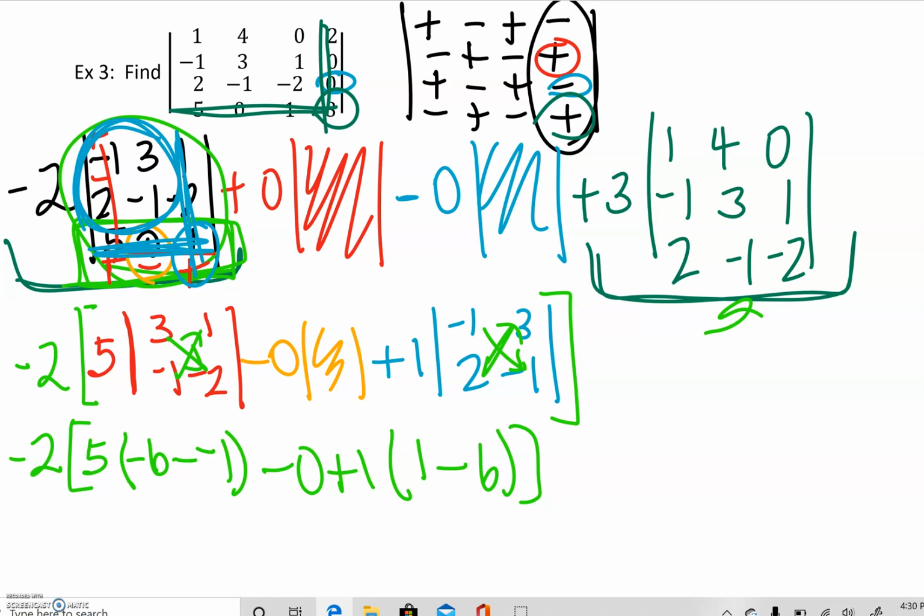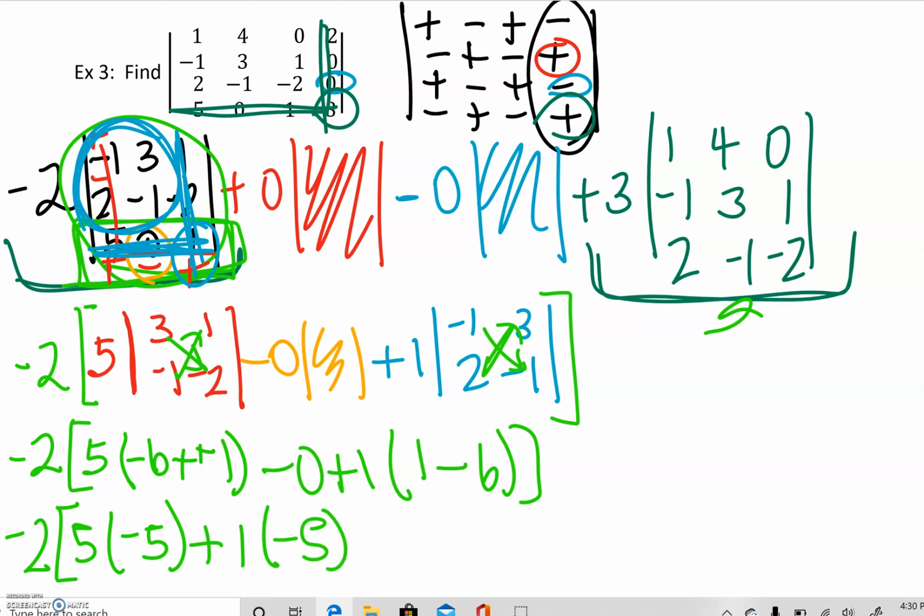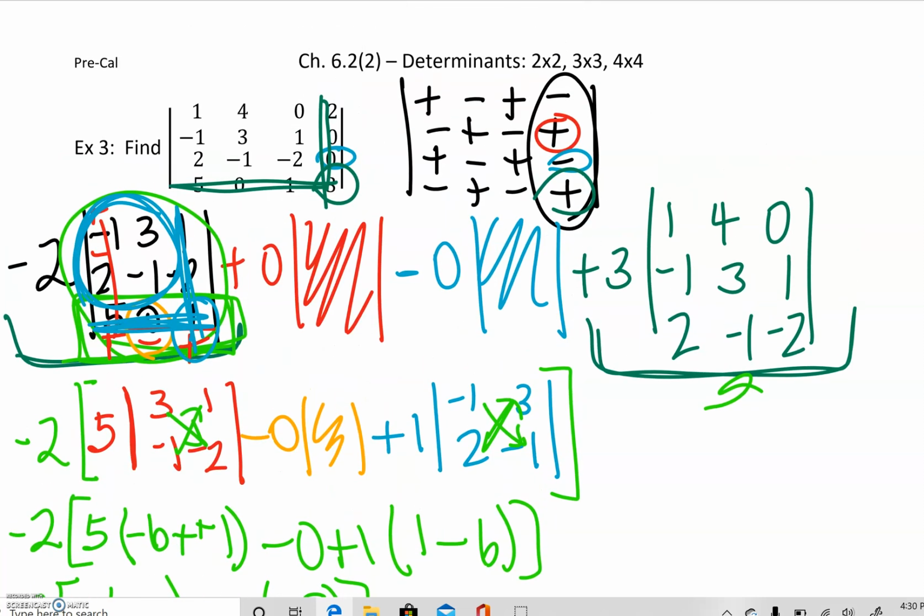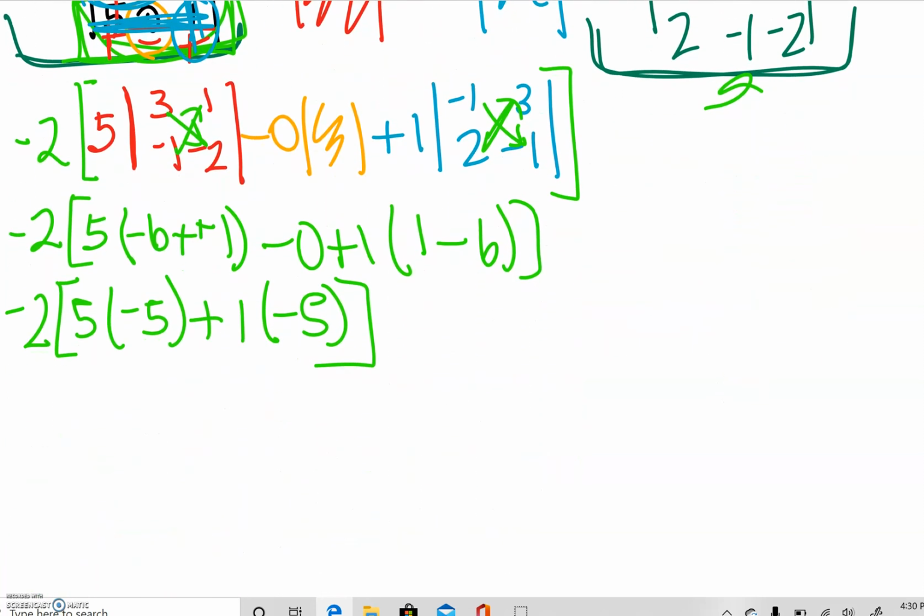And that would give me negative 2 times 5 times, what is that, negative 5, minus 0, I'm not going to write it again, plus 1 times negative 5. And I'm going to pause right there and go back and do some work with this one, I believe. Or, no, let's go ahead and finish this one out.